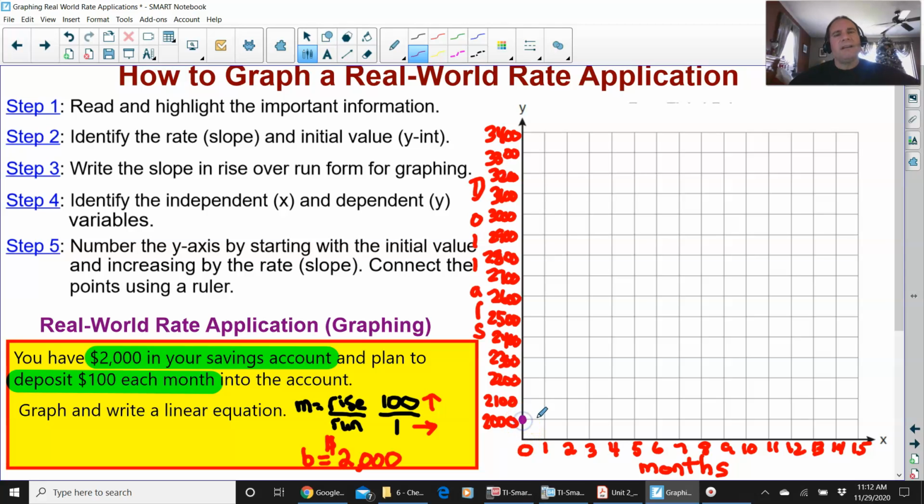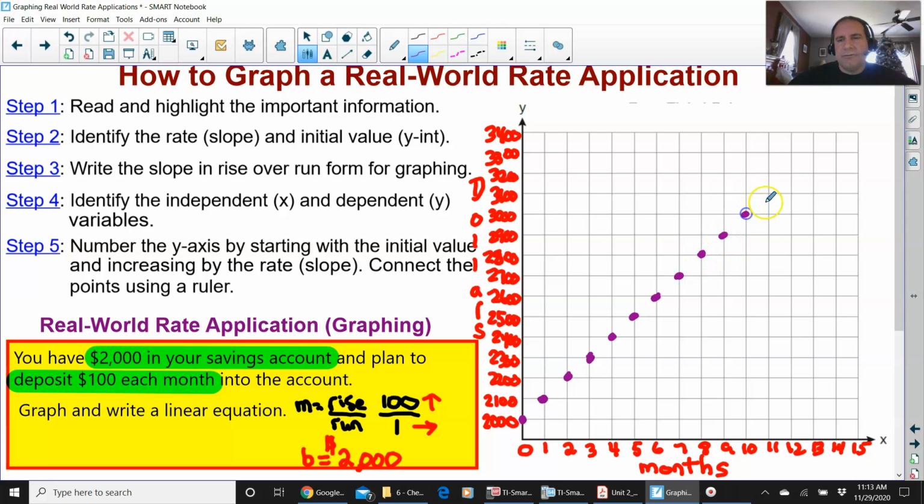Just remember, if that person walked into a bank and wants to start a savings account and they come in with $2,000, that's what they started with, right? So 0 months, 2,000. Then they're going to rise 100 and run 1. Every month they're going to add 100 to that account. And really what we have here is that you're rising 100, running 1.